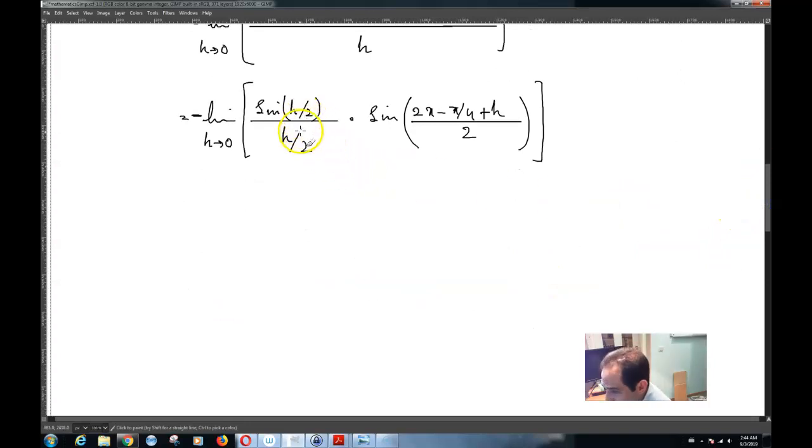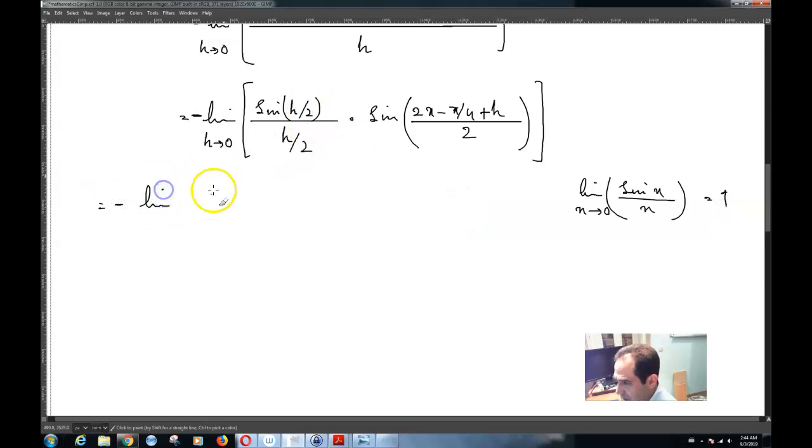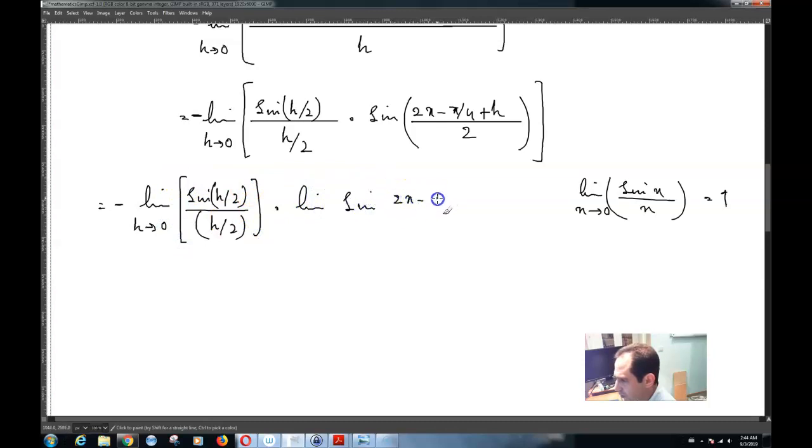So again, we said that basically the limit of sine x divided by x when x tends to 0 is equal to 1. So I can write this as the negative of the limit of sine of h divided by 2 over h divided by 2 as h tends to 0, times the limit of sine of (2x minus pi by 4 plus h) divided by 2 as h tends to 0.